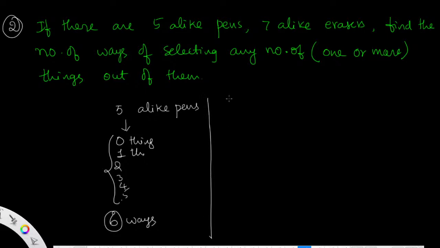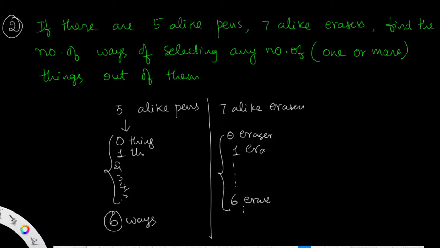And similarly, 7 alike erasers can be selected as 0 eraser, or 1 eraser, or 2 erasers, and so on up to a maximum of 7 erasers. So the total number of ways is 8.